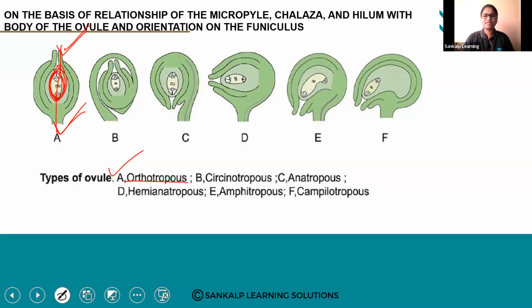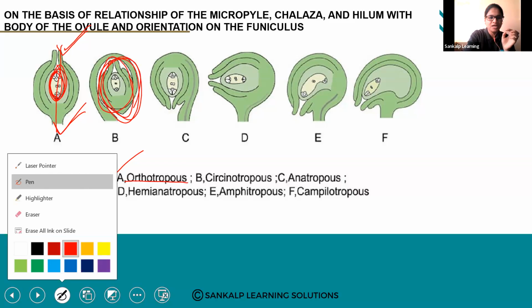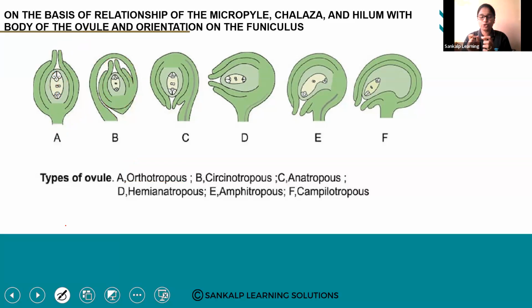Next, the circinotropous ovule. Here the funicle itself is surrounded in the form of a circle around the ovule, with the micropylar end inside.